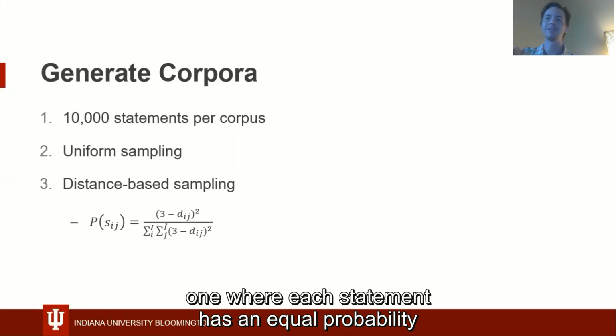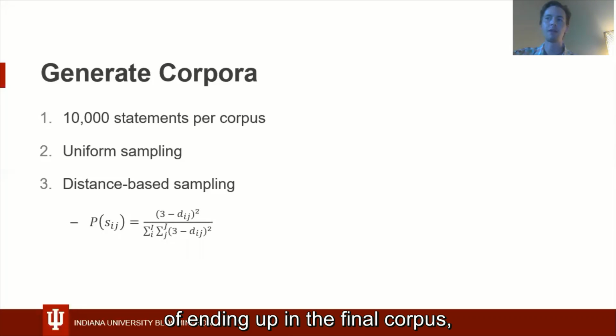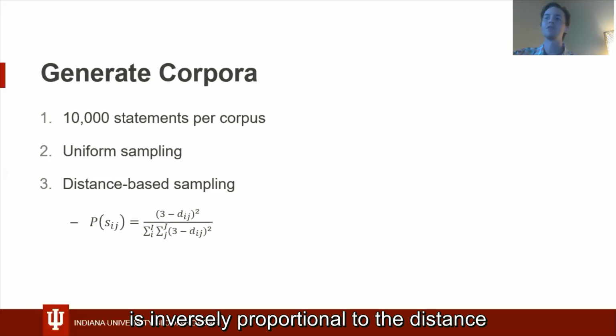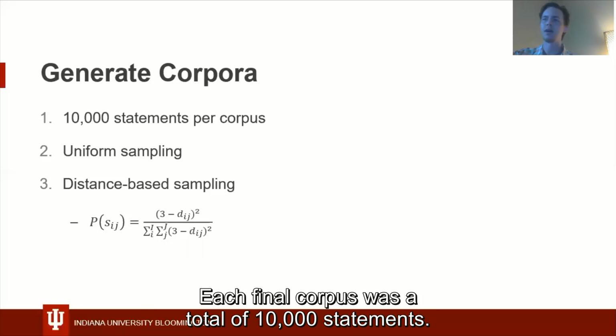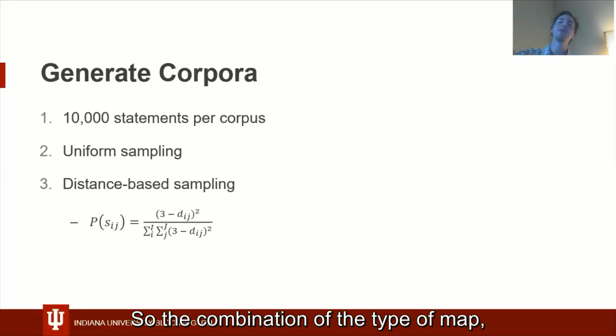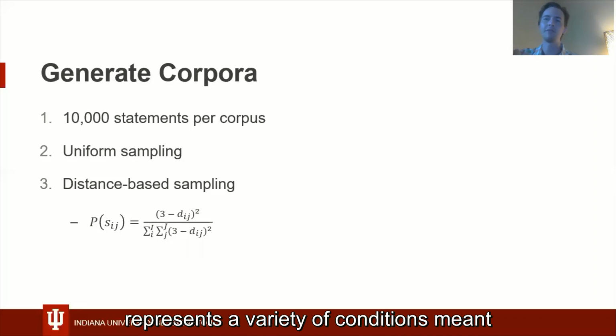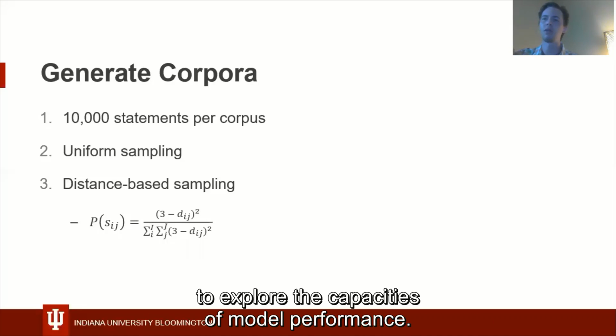One where each statement has an equal probability of ending up in the final corpus, and then one where the probability of the statement occurring in the final corpus is inversely proportional to the distance between 2 cities in the corpus. Each final corpus was a total of 10,000 statements. So the combination of the type of map, the relationship set, and the sampling procedure represents a variety of conditions meant to explore the capacities of model performance.